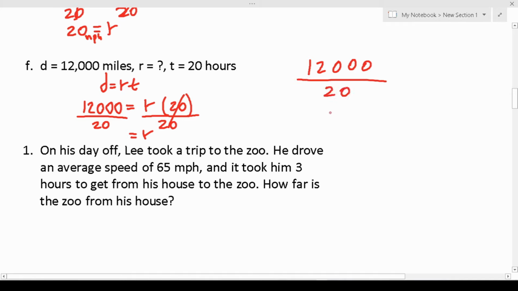To make this easier, we can cross out a pair of corresponding zeros in the numerator as well as the denominator. So this becomes 1,200 divided by 2. 12 divided by 2 is 6. Tack on those two zeros. 1,200 divided by 2 is 600. So in this case, we can see R is 600. So we know R is going to be 600 miles per hour.